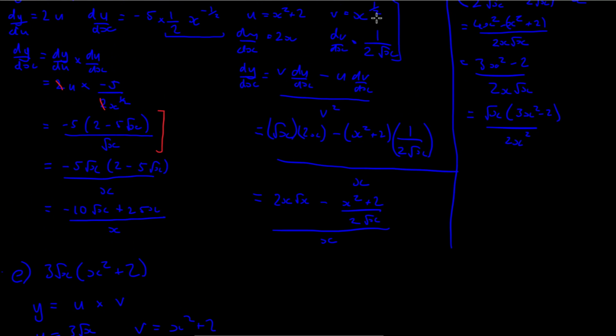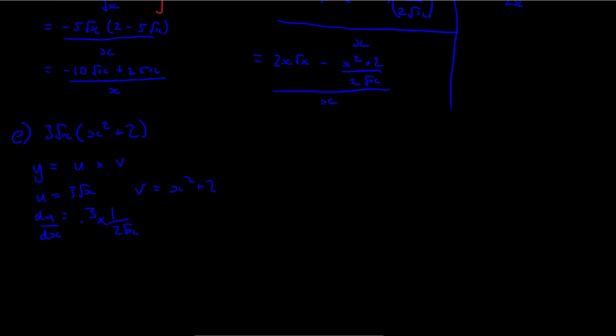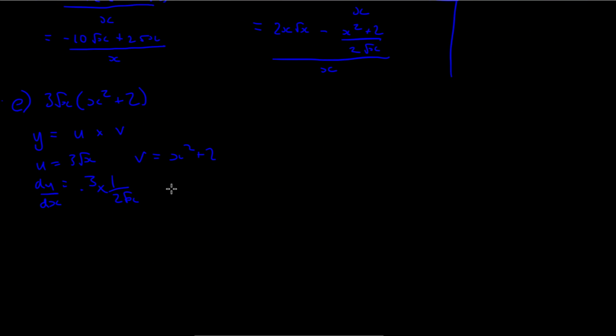We've got this very common x to the power of a half, 1 on 2 root x. If you've got any other root, maybe a cube root or a fourth root, I would definitely go through that process fully. But if you're feeling confident with square roots, please feel free to do this. dv dx now. Oh, this is beautiful. Whoa, hold on. That is not an equal sign. Oh, that's much better.